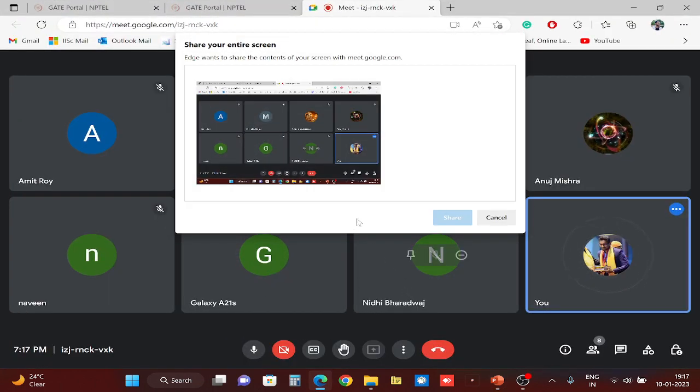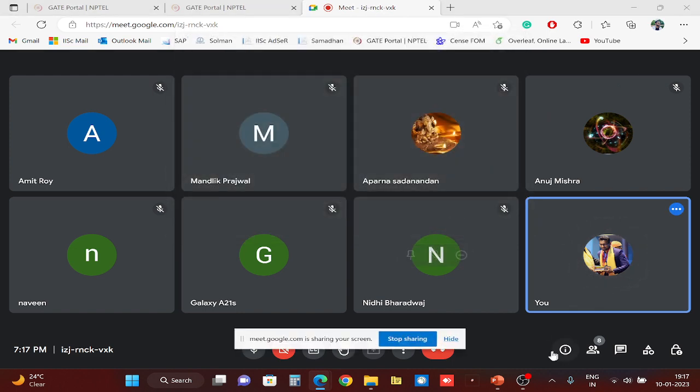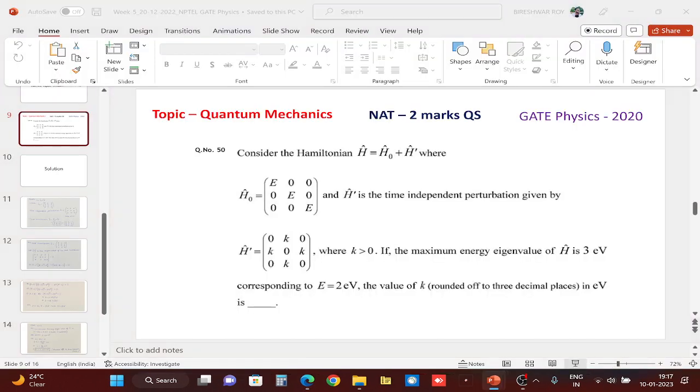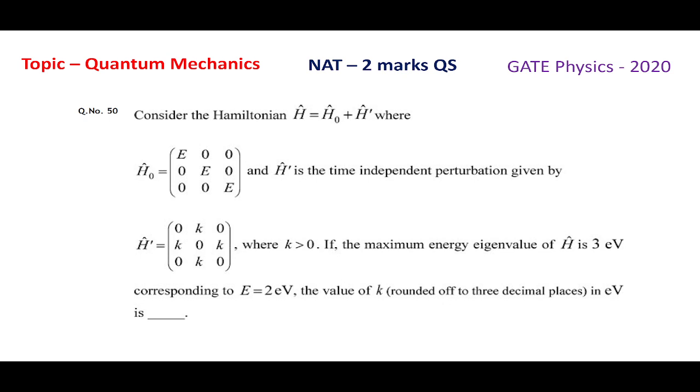The question was a little bit different here. This was the question, right? We are talking about the week 5 class, 2 weeks back. In this question, you can see the maximum energy eigenvalue of H cap.